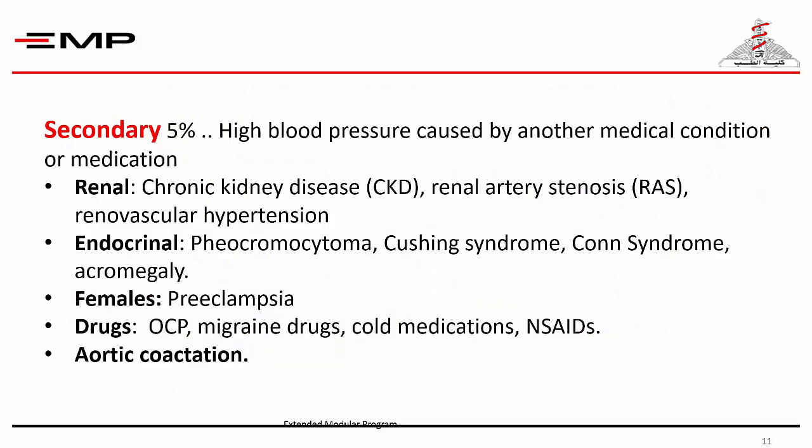Secondary hypertension represents only 5% of cases of hypertensive patients. It is high blood pressure caused by another medical condition or medication.